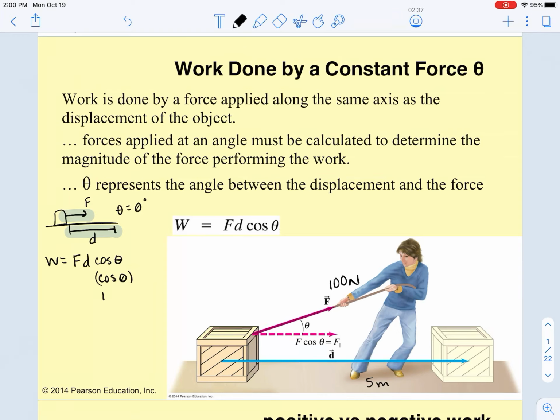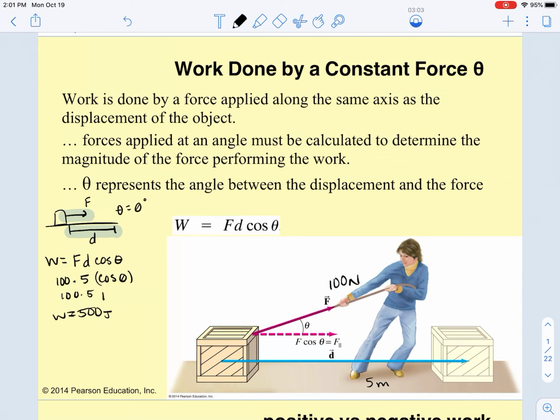Now, if she is pulling on this crate with 100 newtons of force and creates a displacement of 5 meters, then she is going to perform 500 joules of work, right? If it's perfectly horizontal. But now if she takes her force and she puts it on an angle, she is no longer doing 500 joules of work. She's actually doing less than 500 joules of work.